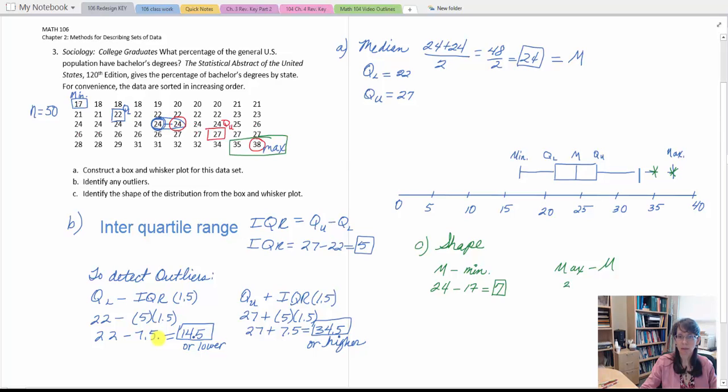Our maximum value is 38 minus the median, which was 24, and that's equal to 14. And you can see that 14 is a larger number than 7. So that indicates that is the longer side. That is on the right. So we can say that the shape is mound shape skewed to the right. And there we have another example of using a box plot to also help us indicate outliers.